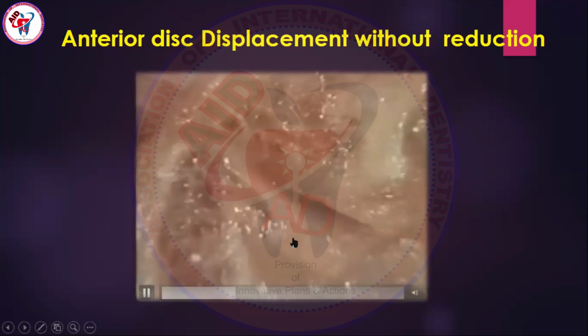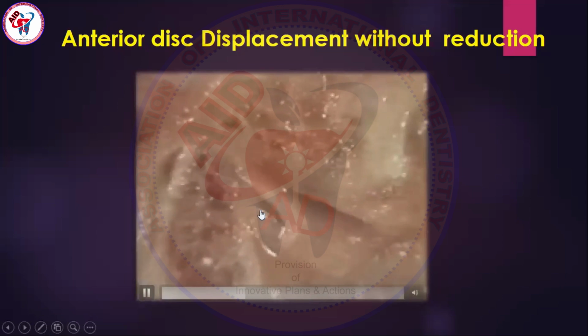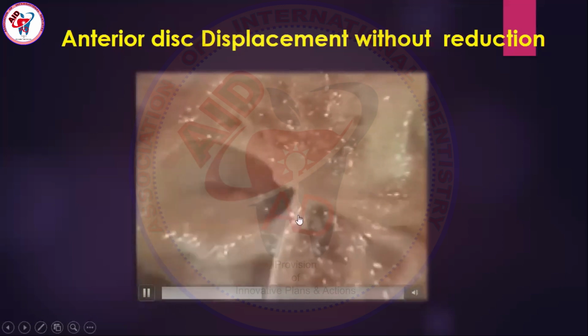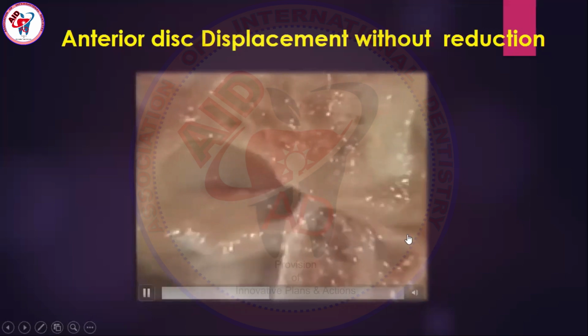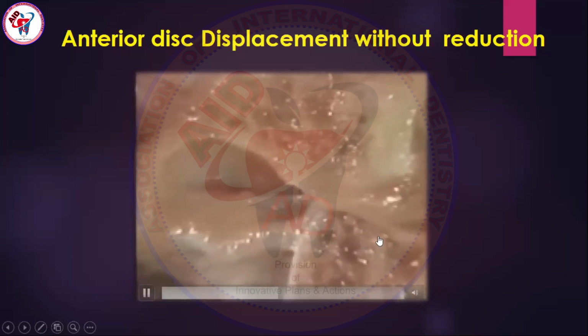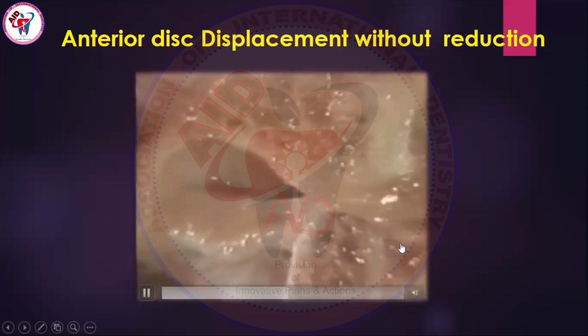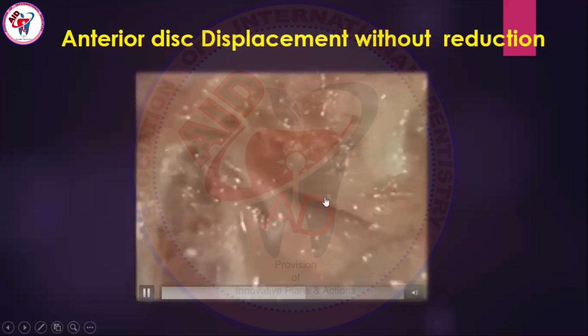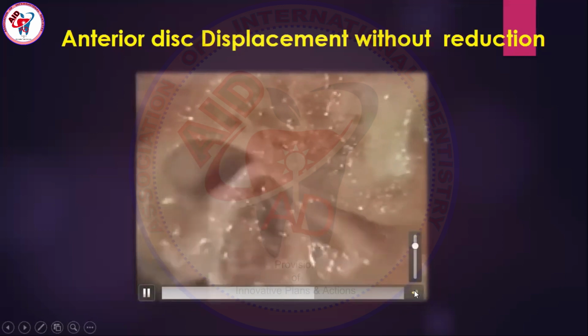The disc area is absolutely not involved in opening and closing of the mouth. Due to pressure on the anterior side, there is very limited movement, and the joint is restricted. The joint is there, but the disc is not coming back.